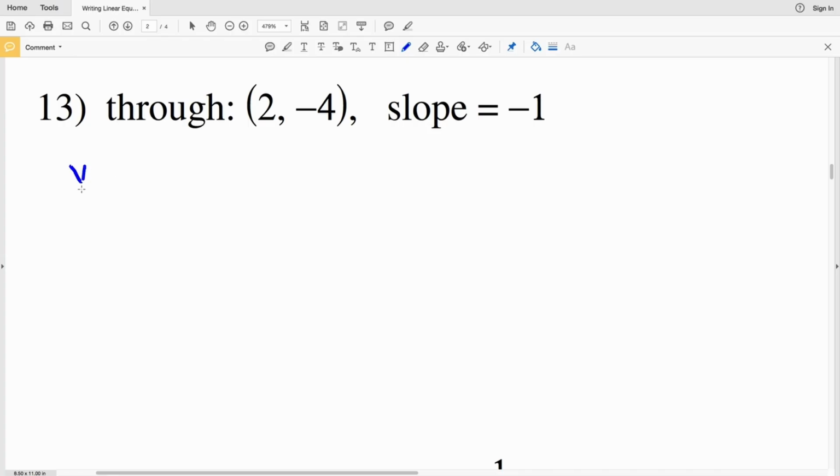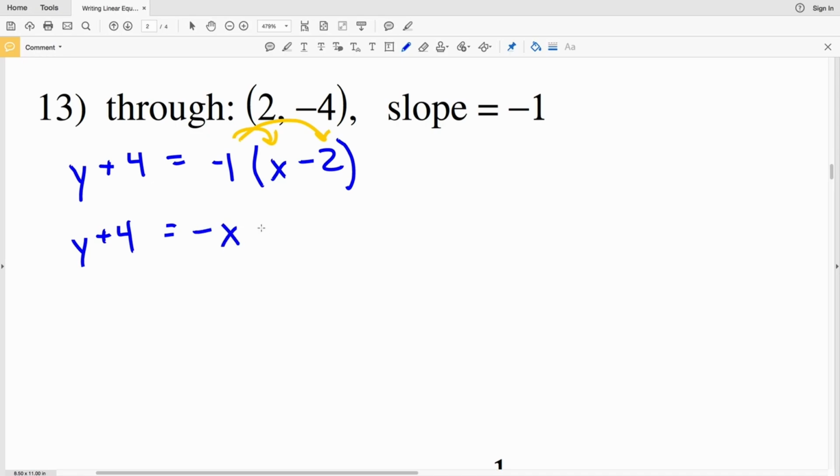And number 13, y minus y1 is going to be y plus 4, since minusing a negative is the same as adding a positive, and that's going to be equal to the slope of negative 1 times x minus 2. We'll get y plus 4 equals negative x plus 2 after we distribute the negative 1.